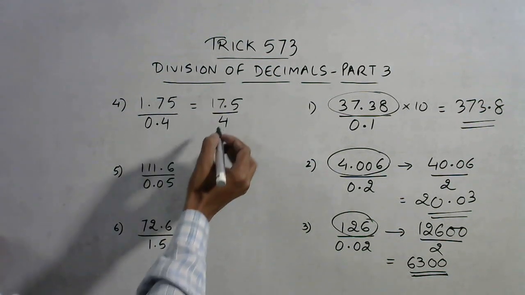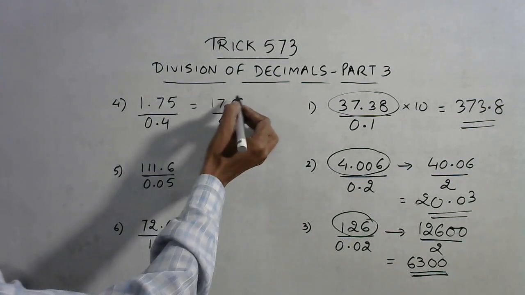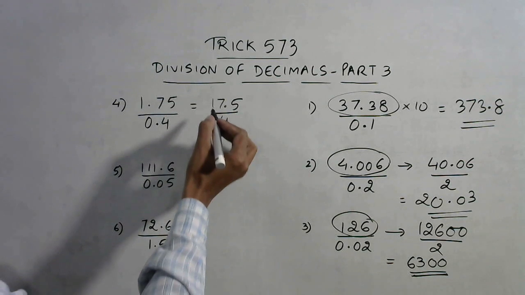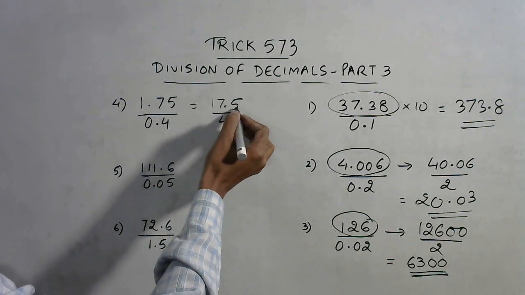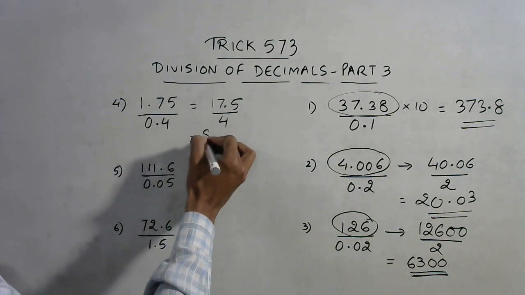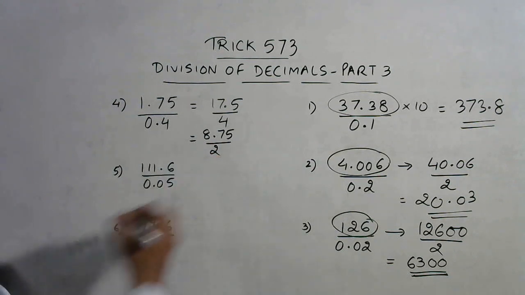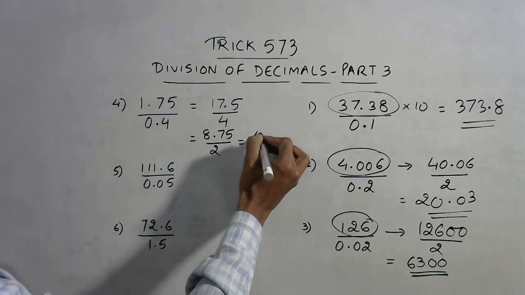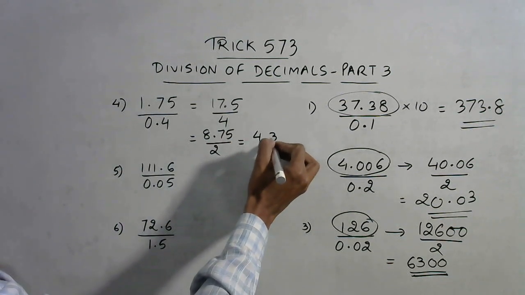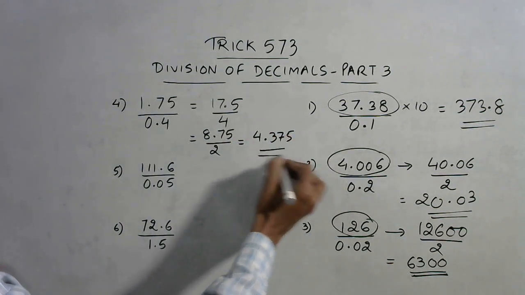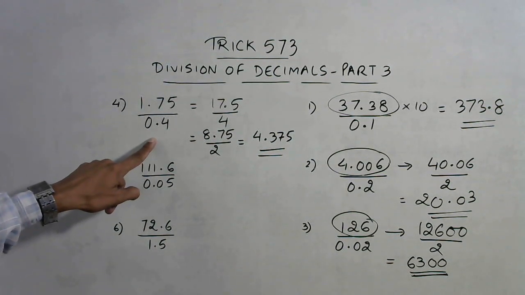You have to consider this 4 as 2 times 2. That is, we have to halve this number 2 times. What is the half of 17.5? It is 8.75. Now taking the half again, we get 4.375. This is the result of dividing 1.75 by 0.4.